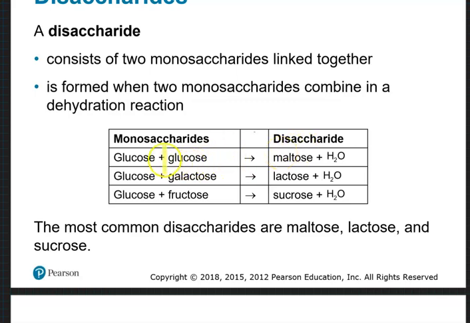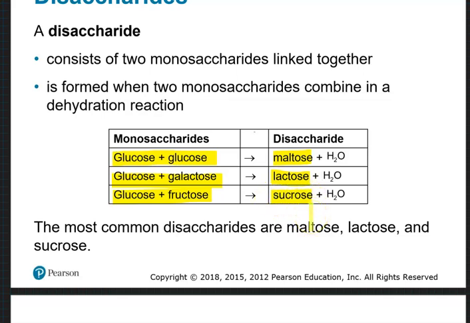You do need to know them. So the first disaccharide is the combination of two glucose molecules. We call it maltose. It's found in the malt. The combination of glucose and galactose gives you lactose. And the combination of glucose and fructose gives you sucrose.